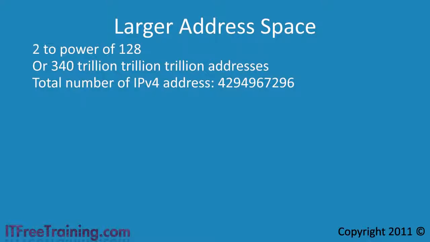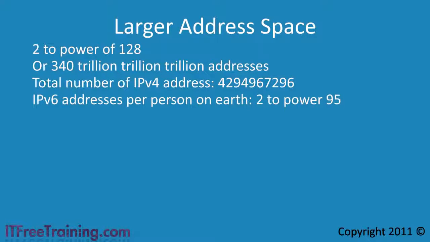Using IPv4, you could not even allocate a single IP address for every person on the planet. With IPv6, you could allocate 2 to the power of 95 IP addresses for every person on the planet. With this many IP addresses available, you cannot imagine that you would ever run out.